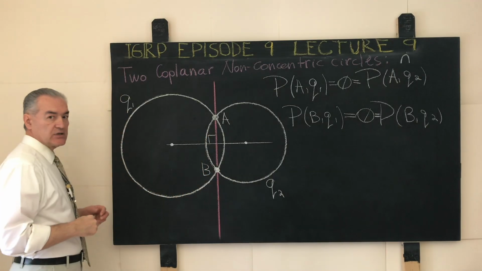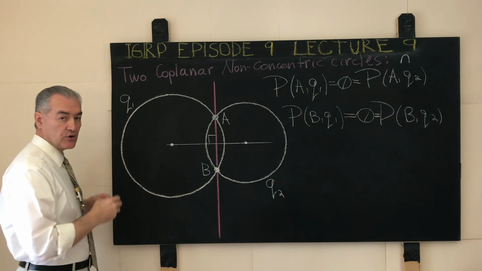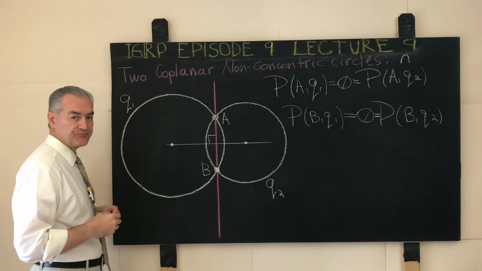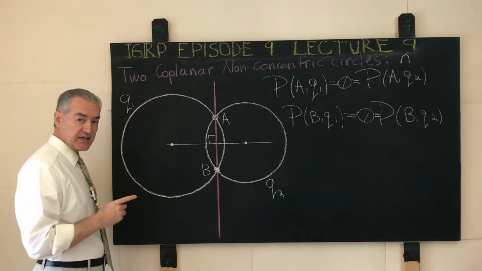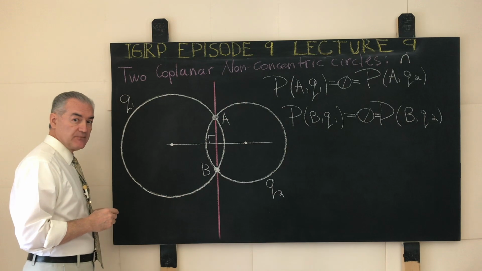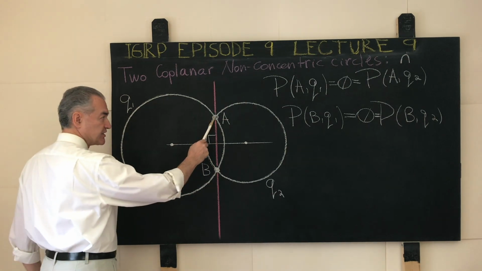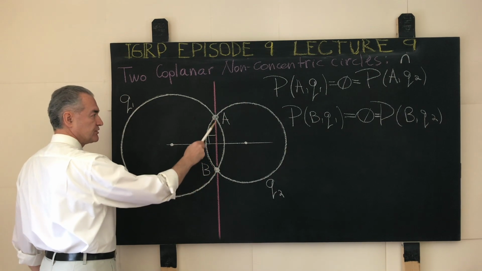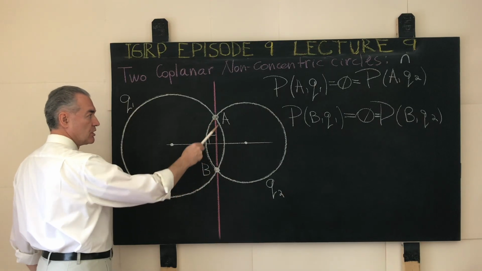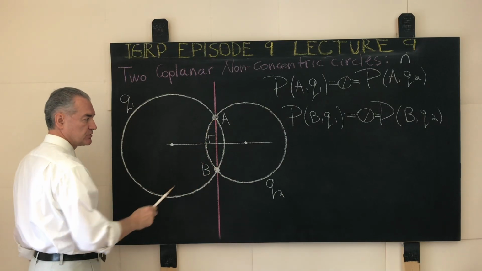In this case, we claim that the radical axis of any two coplanar non-concentric intersecting circles will be a straight line that passes precisely through the distinct points over which these two coplanar non-concentric circles intersect.